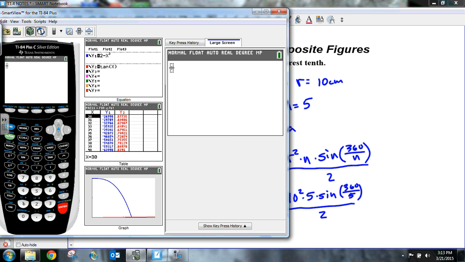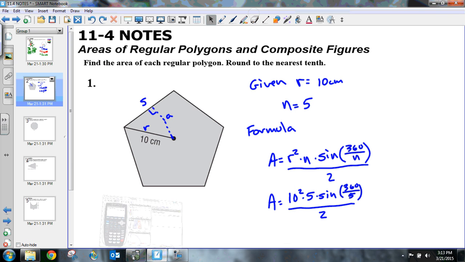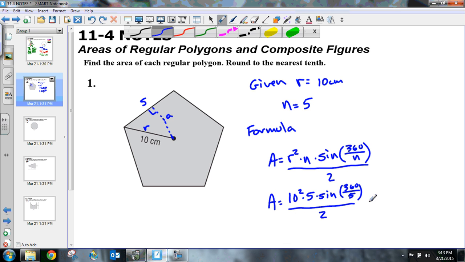Okay, and I'm going to do 10 squared times 5 times sine of 360 divided by 5, close that, and then I'm going to move to my denominator and divide that by 2, and I'm just going to hit enter. And this is going to give me 237.8 centimeters squared.